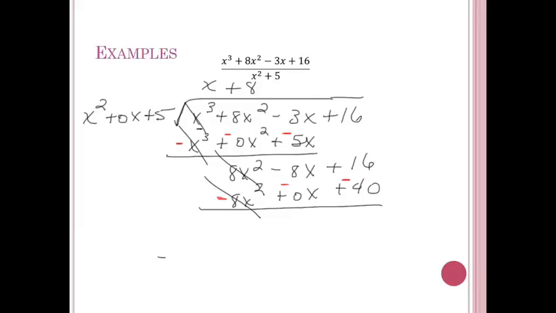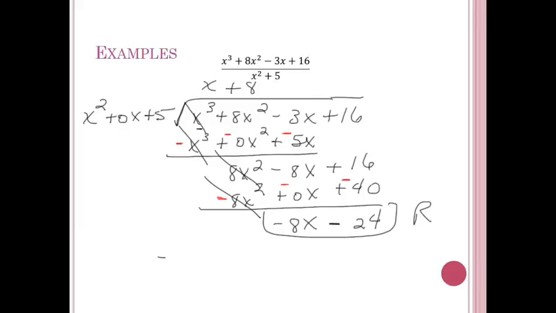Negative 8x plus negative 0 is negative 8x. And negative 40 plus 16 will be minus 24, I believe. And that is our remainder. This part here is our remainder.